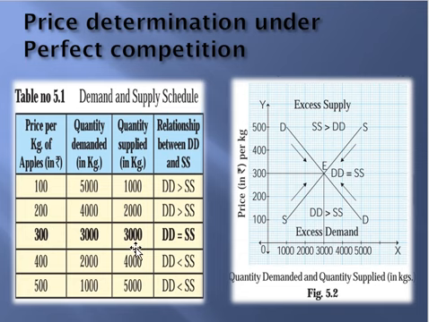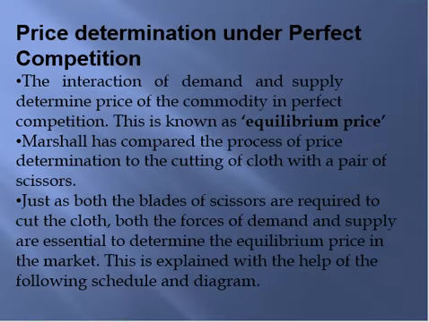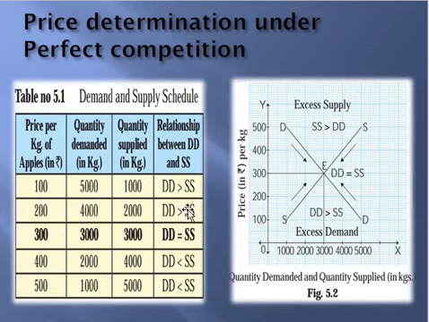The demand is equal to supply, as has been said in our previous slide. Just as both the blades of the scissor are required to cut the cloth, similarly, the demand and supply are equal at rupees 300, and this interaction is called the equilibrium price.